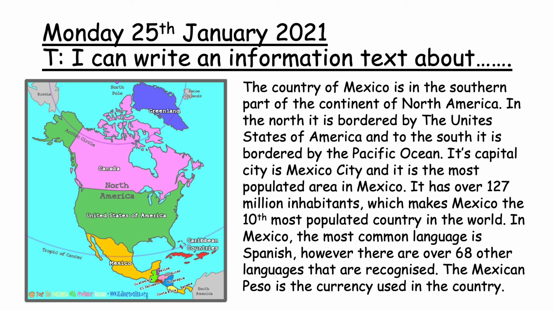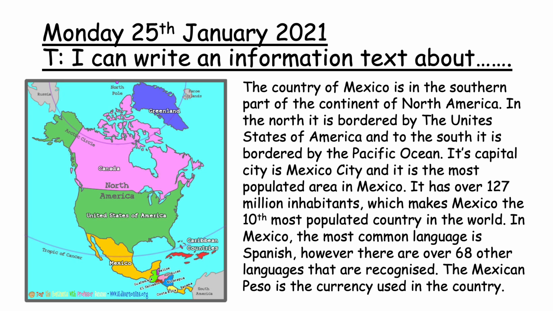It has over 127 million inhabitants, which makes Mexico the 10th most populated country in the world. In Mexico, the most common language is Spanish. However, there are over 68 other languages that are often recognized. The Mexican peso is the currency used in the country. So there is my introduction.